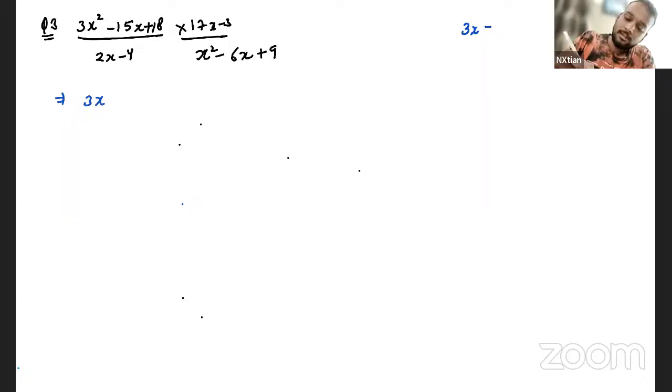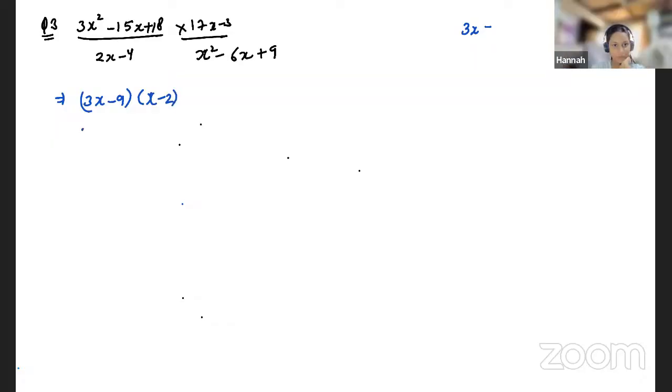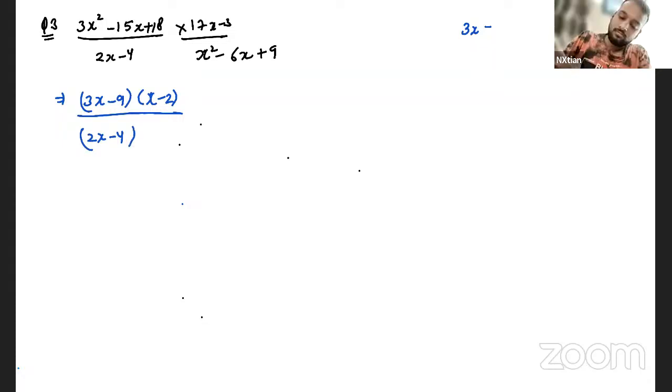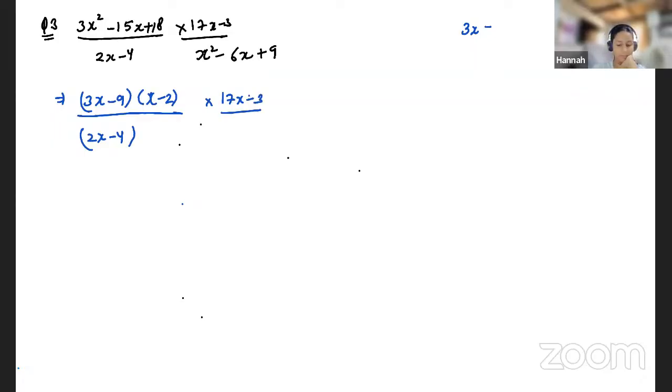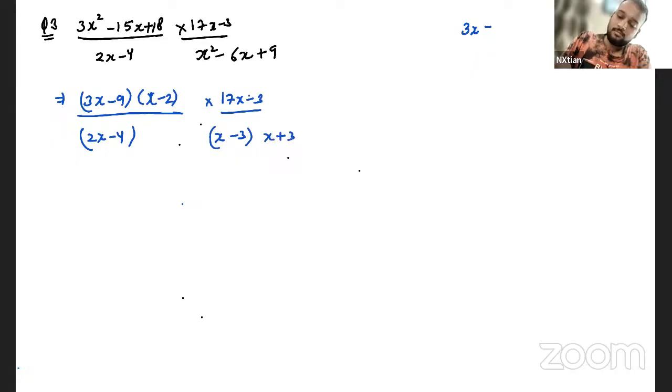Let me write it down. 3x minus 9 into x minus 2, upon 2x minus 4, into 17x plus 3, upon x minus 3 into x minus 3.